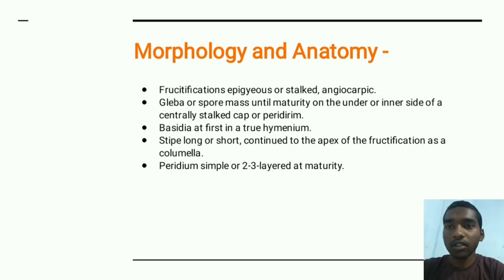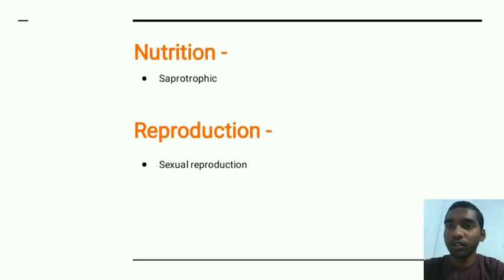The basidia at first form a true hymenium. The stipe is long or short, continued to the apex of the fructification as a columella. The peridium is simply 2 to 3 layered at maturity. The mode of nutrition is saprotrophic and the mode of reproduction is sexual reproduction.